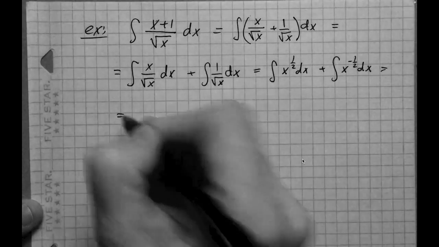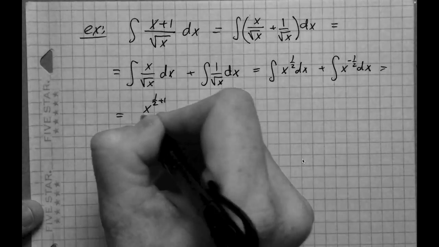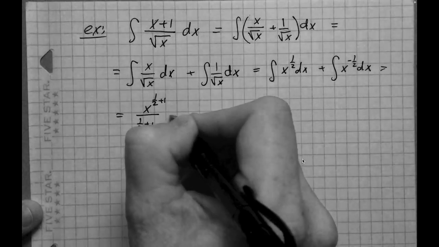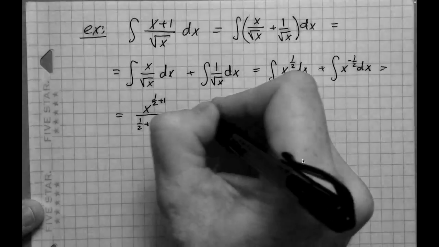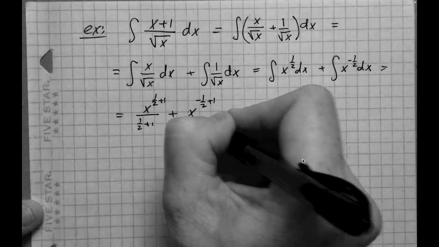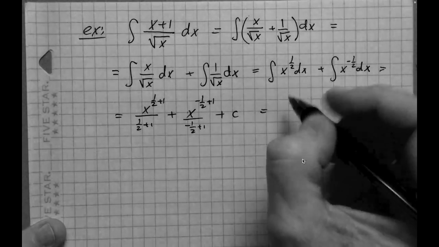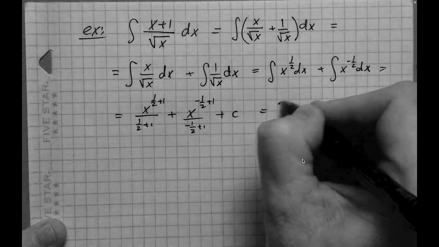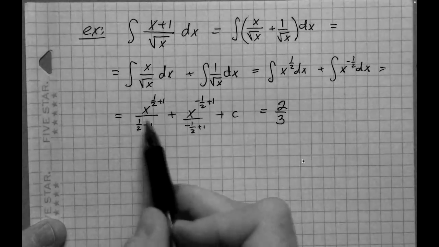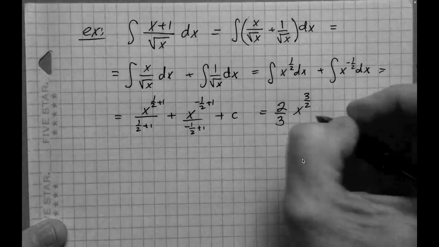Okay. And then we can integrate this. So this would be x to the 1/2 plus 1 over 1/2 plus 1, plus x to the negative 1/2 plus 1 over negative 1/2 plus 1, and then plus c. All right, plus c for this. And when you do all of this, you get, well, for this front term, you would end up with 3/2 on the bottom, so that's 2/3 x to the 3/2.